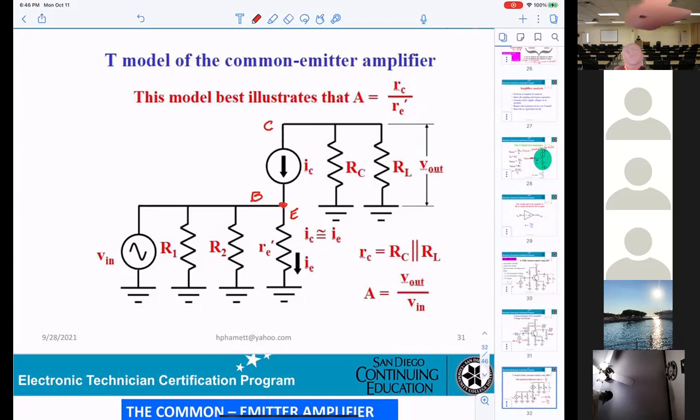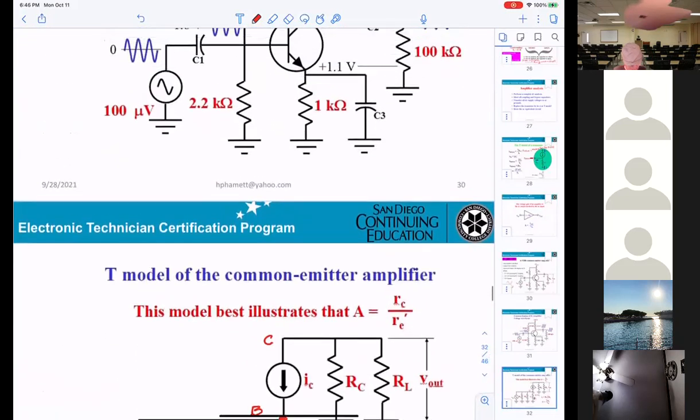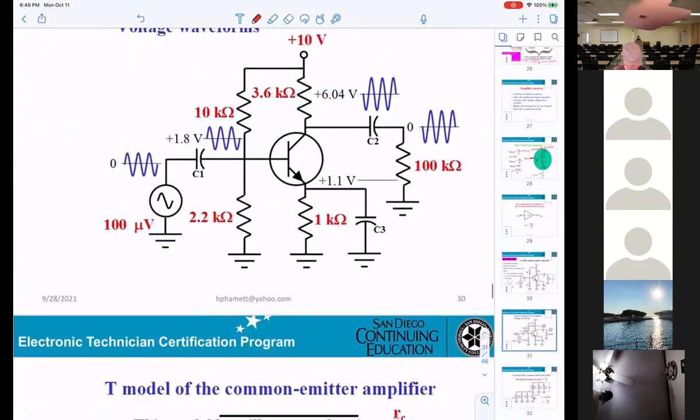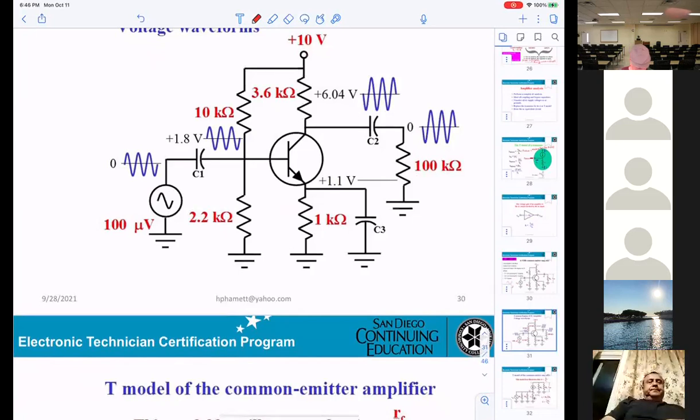And also at the emitter. Now, the first thing I want to say for the AC model: they're telling you this 10 volt right here will be connected to the ground. That's what we already talked about at the beginning.